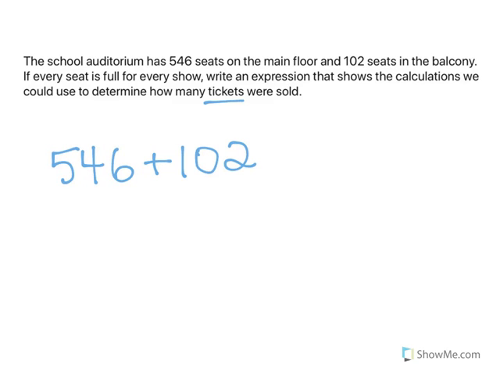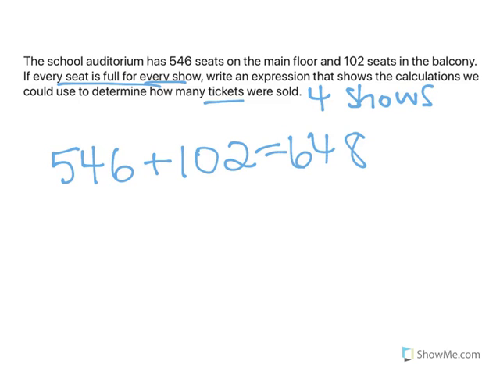So when we add those two together, that'll give us the total number of seats in the auditorium, which is 648 seats total. And they're saying that every seat is full for every show. If we look at the poster, we see that there are 4 shows in total: one on Friday, 2 on Saturday, and then 1 on Sunday.